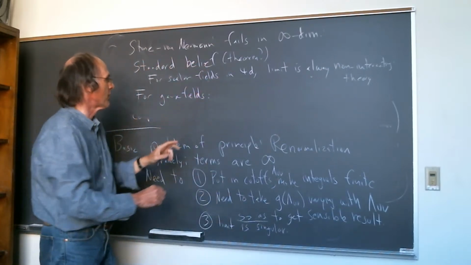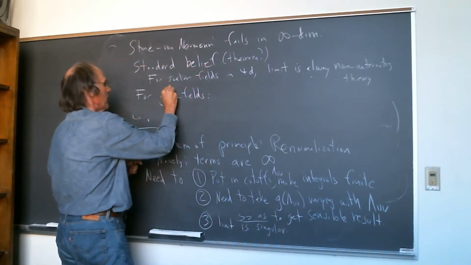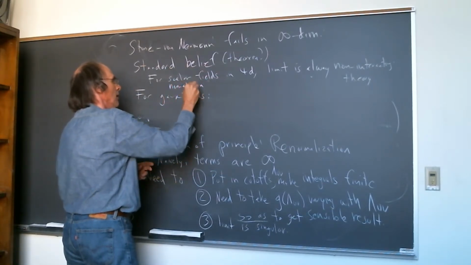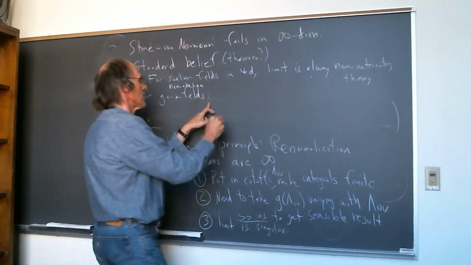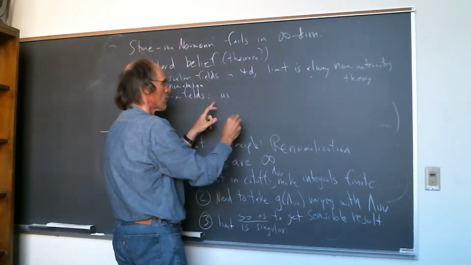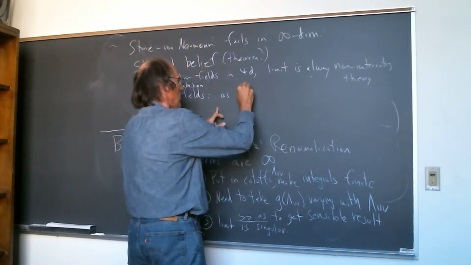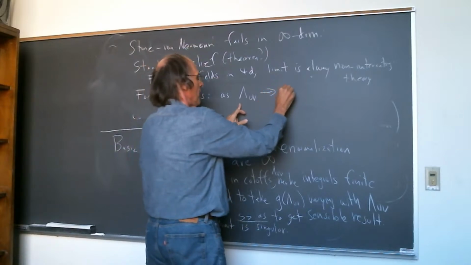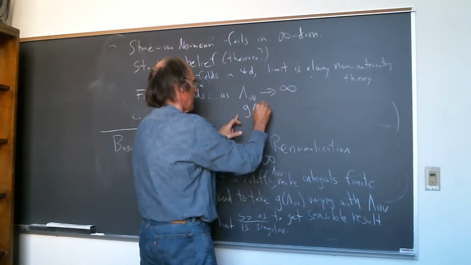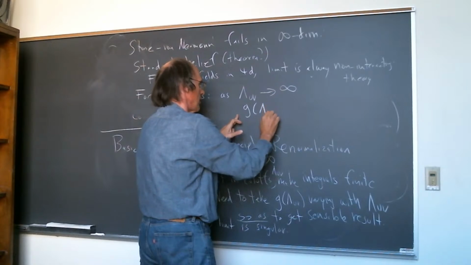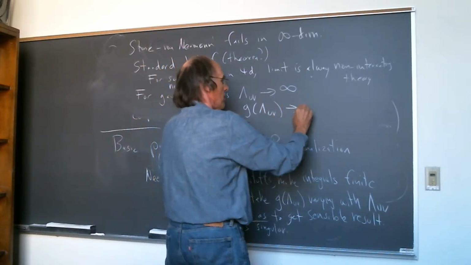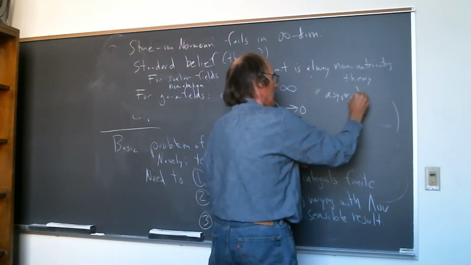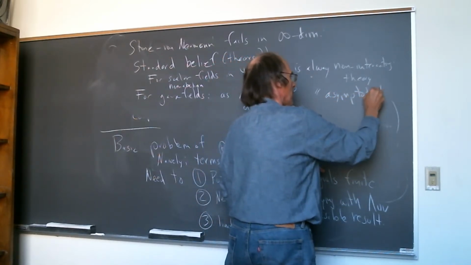But for non-abelian gauge fields, as lambda UV goes to infinity, G of lambda UV goes to 0. So these are what are called asymptotically free.